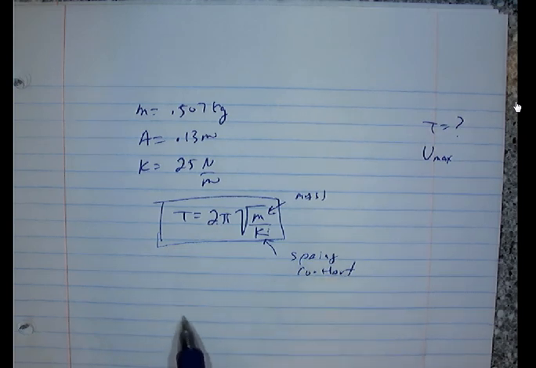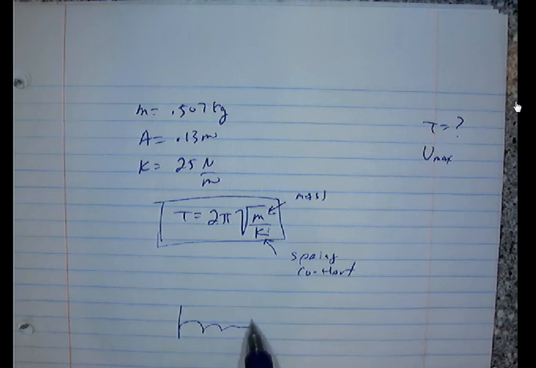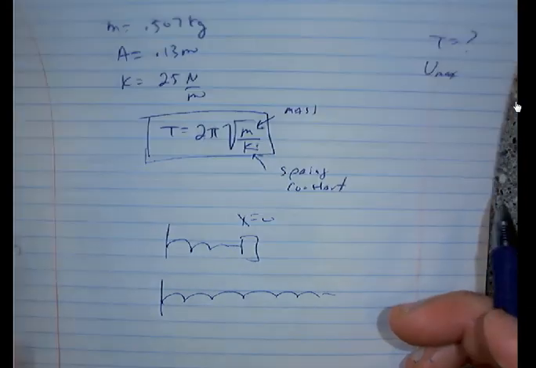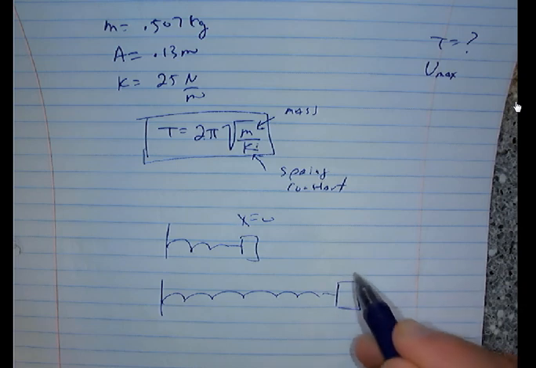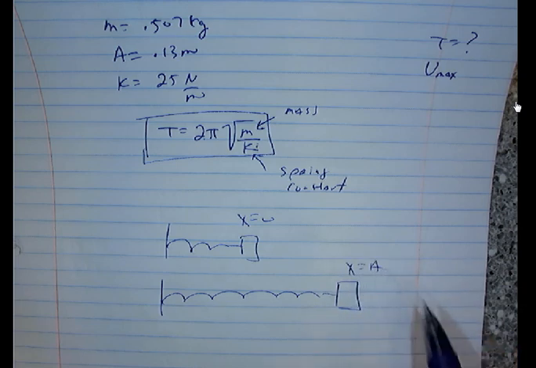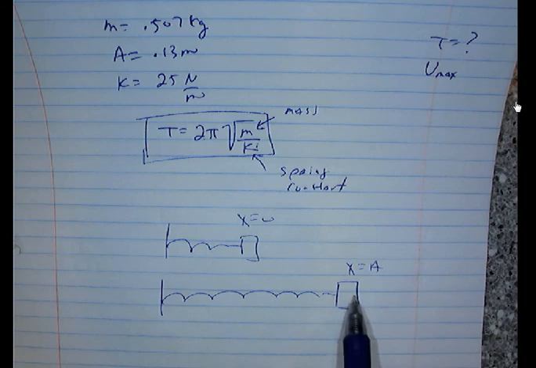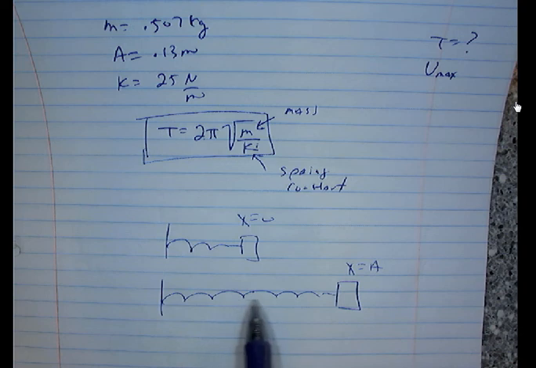The mass starts out, say, here's the mass, where x is equal to 0. You stretch it out to here, and you let it go. This is the amplitude. It's going to accelerate to the left. This is where the speed's going to be the maximum. It slows down, stops, goes back and forth.